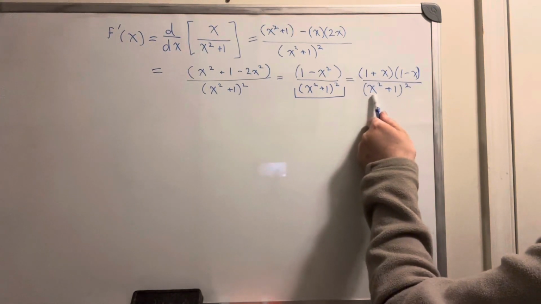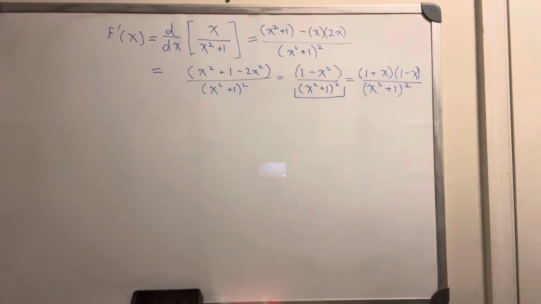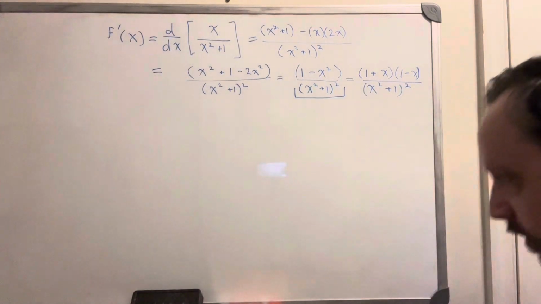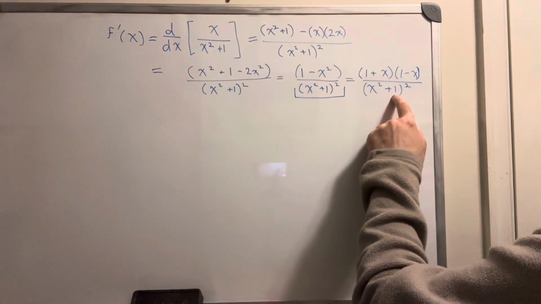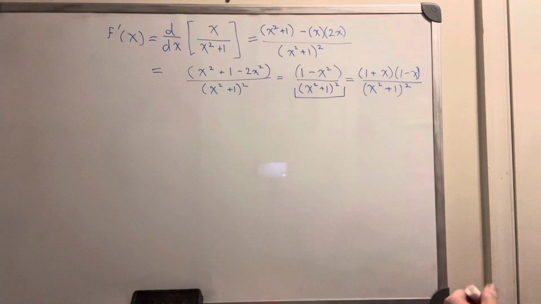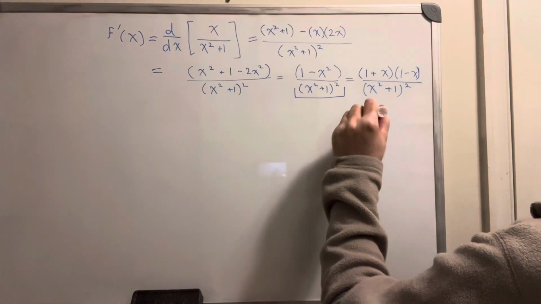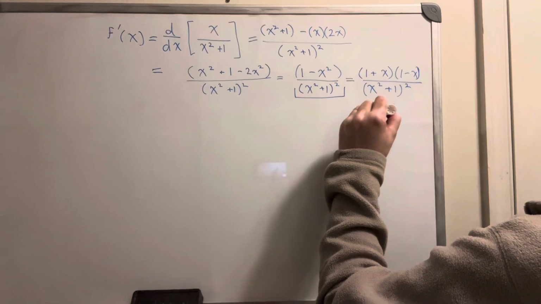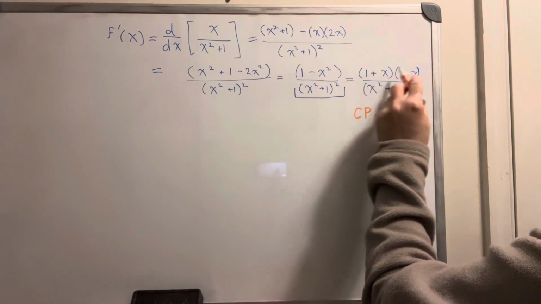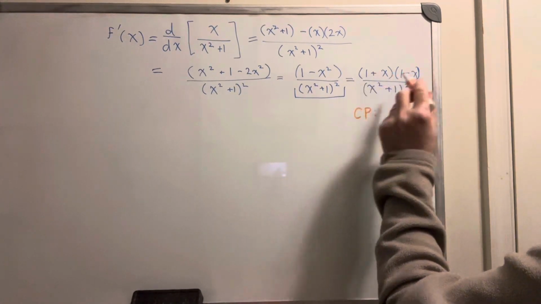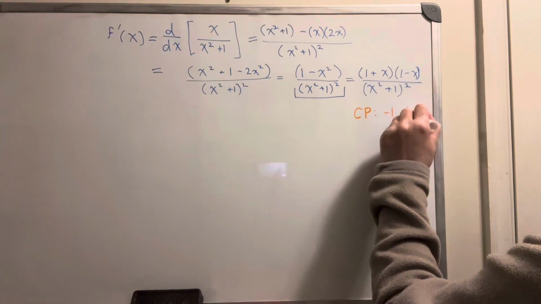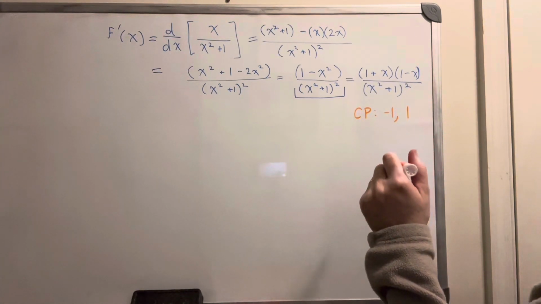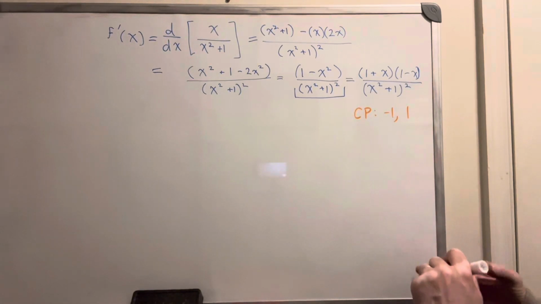You see, this quantity in the denominator is always going to be non-zero because we're squaring something and then adding something to it, so it's never going to be 0. I'm going to write CP, critical points. Look at the numerator though. This turns out to be 0 at x equals -1 and 1. So we'll want to remember those values.